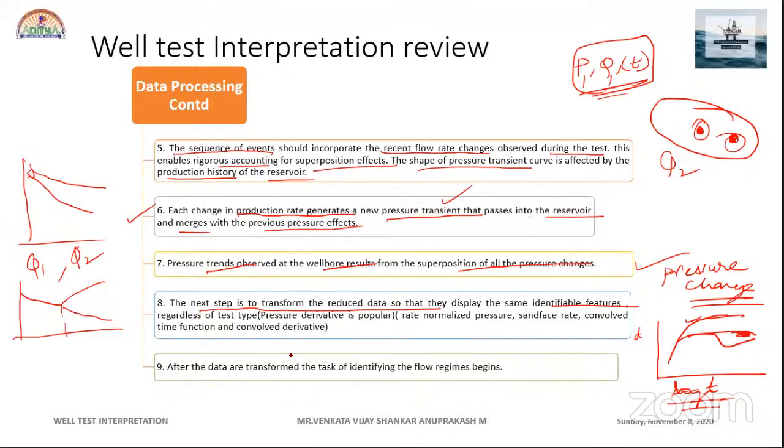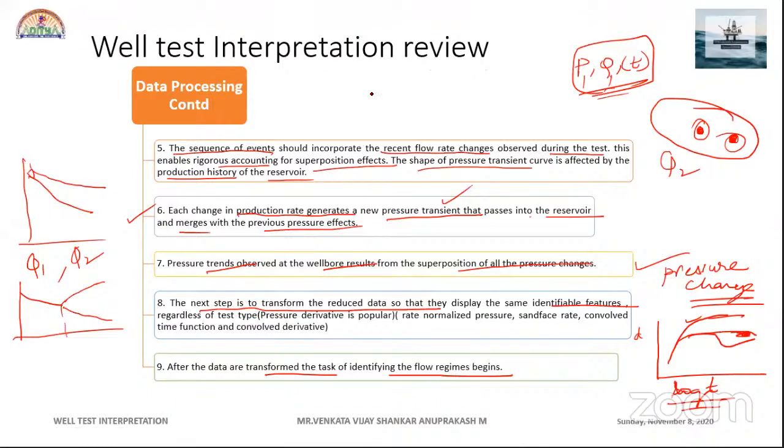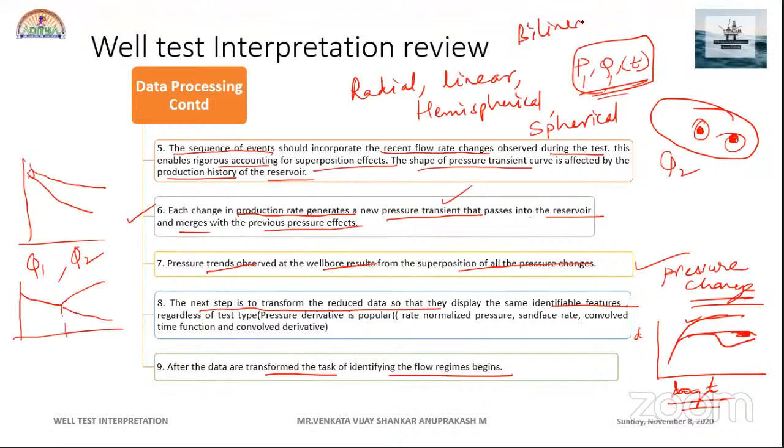So after the data are transformed, the task of identifying the flow begins. What are these flow regimes? Is it a radial flow, or a linear flow, or hemispherical or spherical? If it is fractured, bilinear, dual porosity.